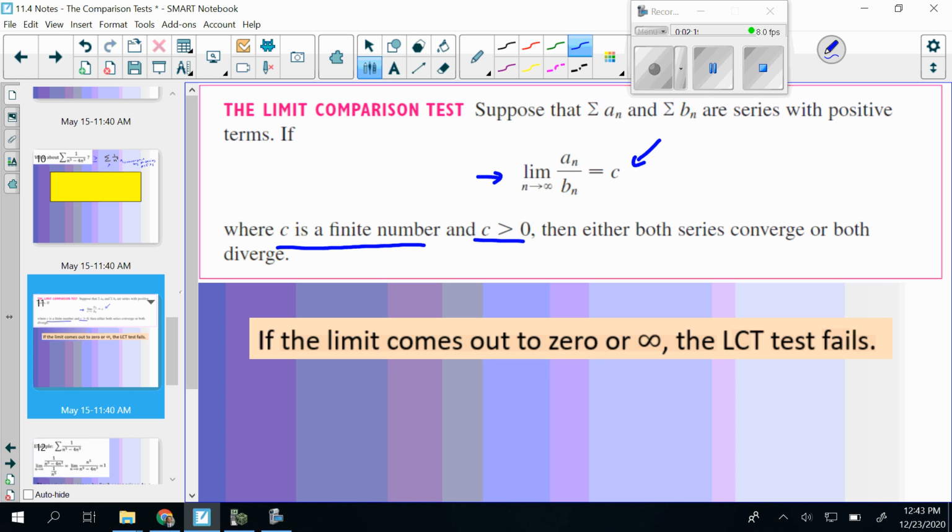However, if the limit comes out to be 0 or infinity, then this limit comparison test fails, and we're going to have to find a new test to use on that one. So when you're doing limit comparison, you want to see, does it come out to be a positive finite number?